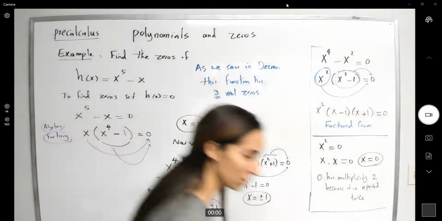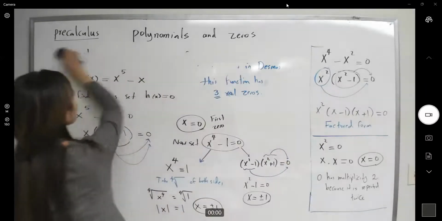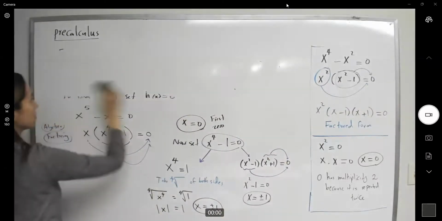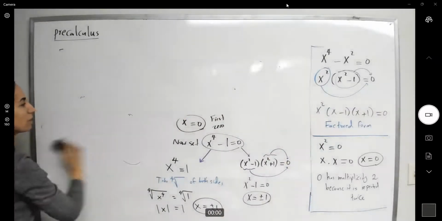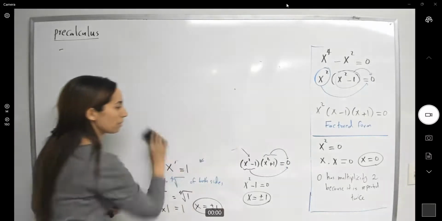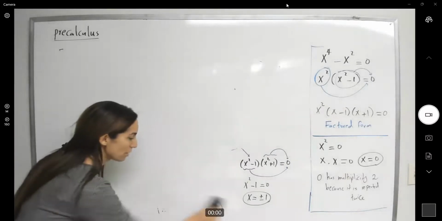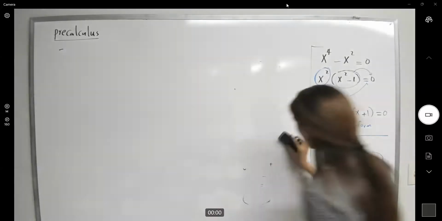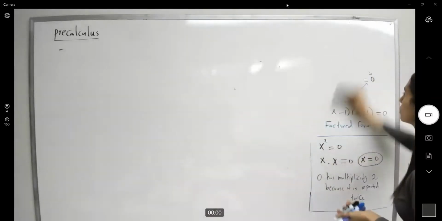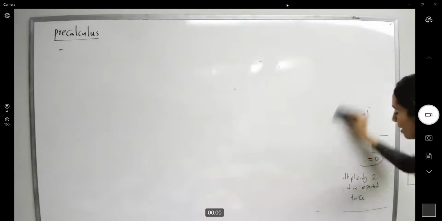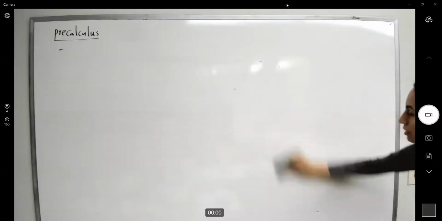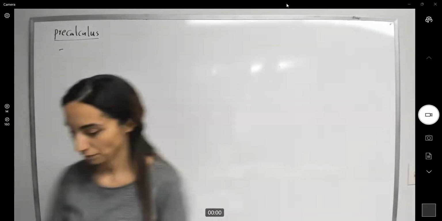Let's begin talking about complex numbers. So what we learned so far, we started talking about natural numbers, then we introduced whole numbers, then we moved to integers, rationals, irrationals, then reals.